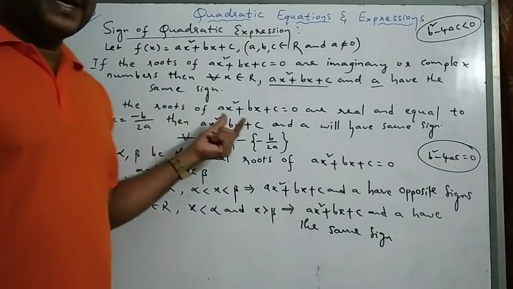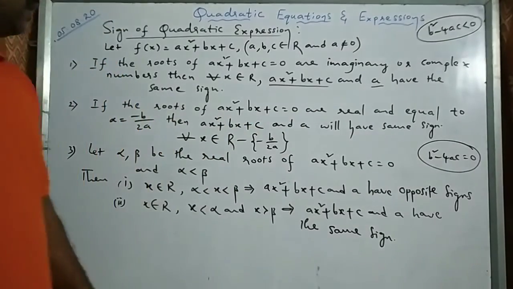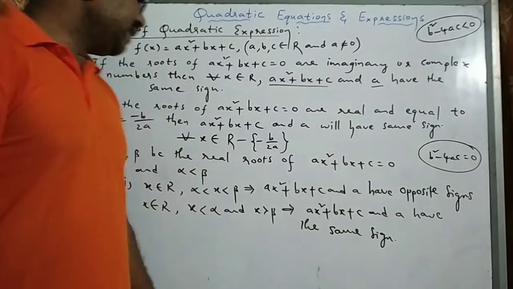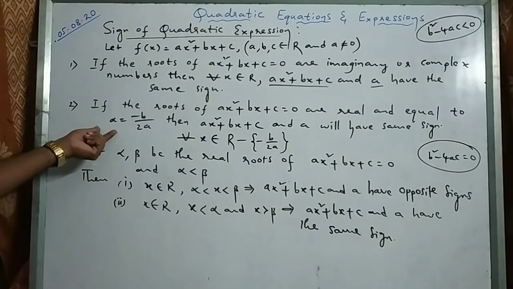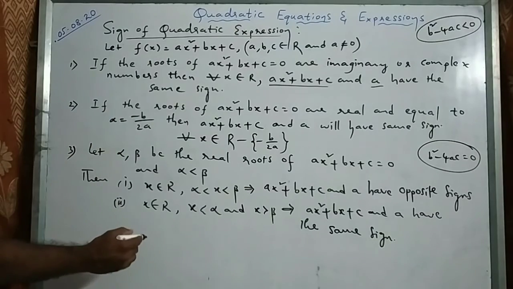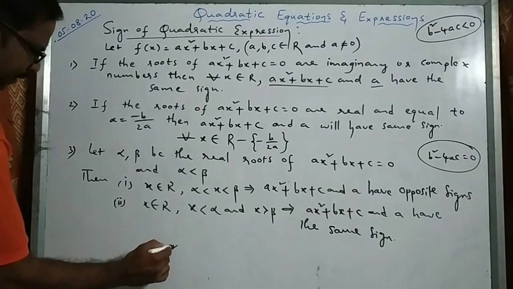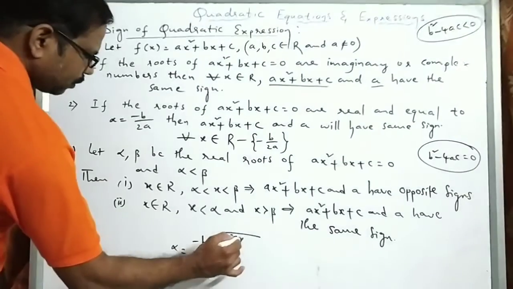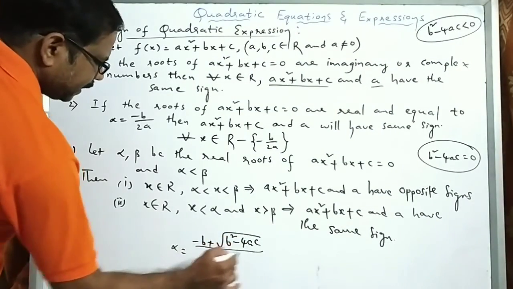If the roots of ax square plus bx plus c equal to 0 are real and equal, when do we say that roots are equal? If the discriminant is equal to 0. And each root, alpha equal to minus b by 2a. How did you get it? Actually the formula is alpha equal to minus b plus root b square minus 4ac by 2a.